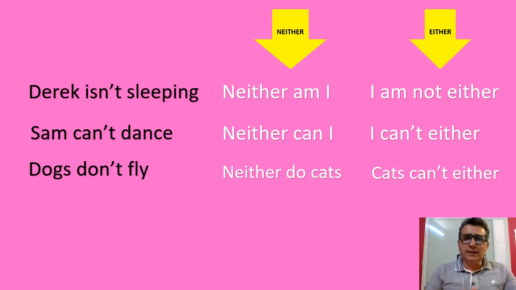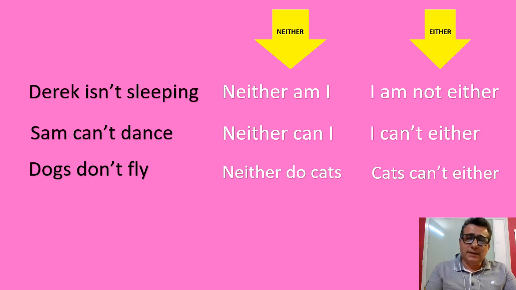Notice that in this first column, when we are using neither, we use the expression neither, the auxiliary verb, and the subject or pronoun. In the second way, when using either, we use the negative. We use the pronoun, the auxiliary verb, the negative word not, and the expression either.